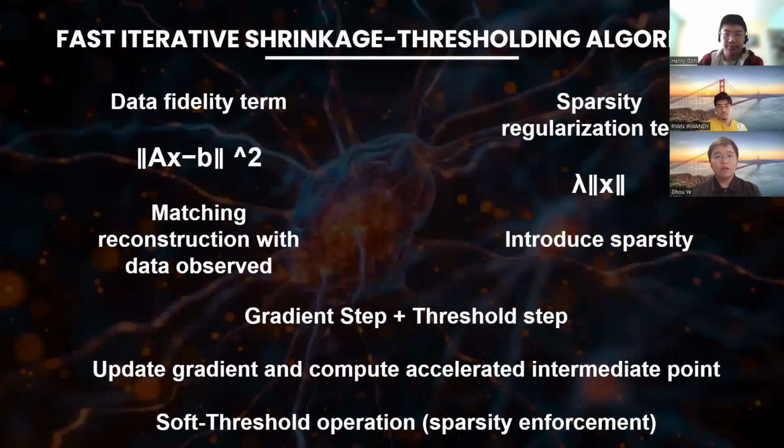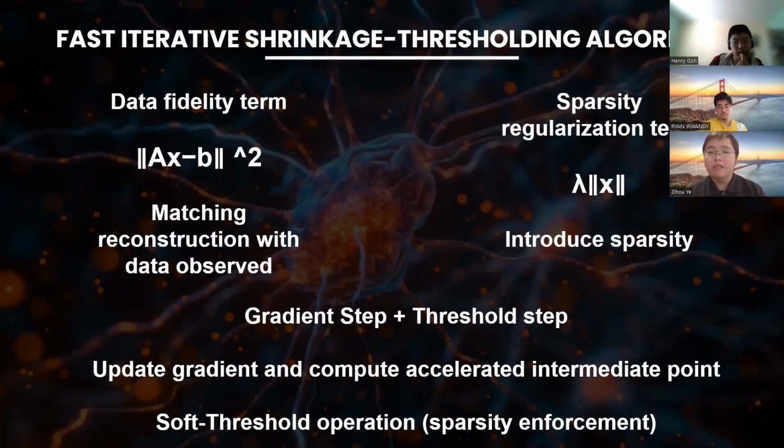So now let me introduce you guys to a different algorithm, which is called the fast iterative shrinkage thresholding algorithm. Well, let me just briefly explain what ISTA is beforehand. So it basically contains two parts. The first part is the data fidelity term, and it's matching the reconstruction with the data we observe.